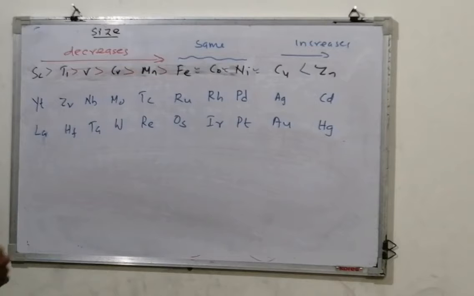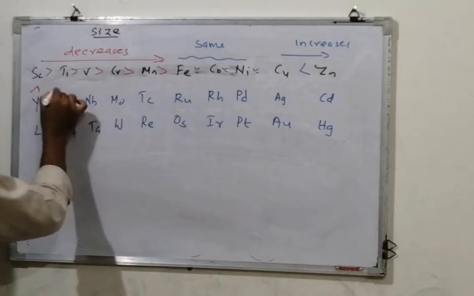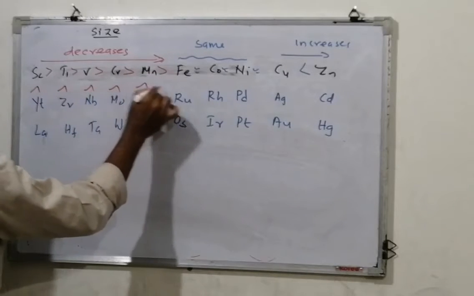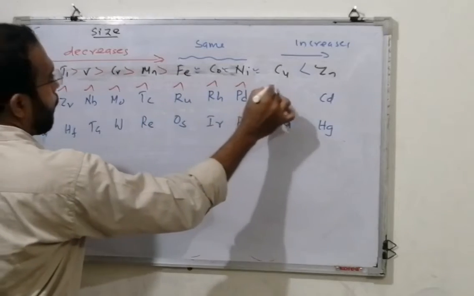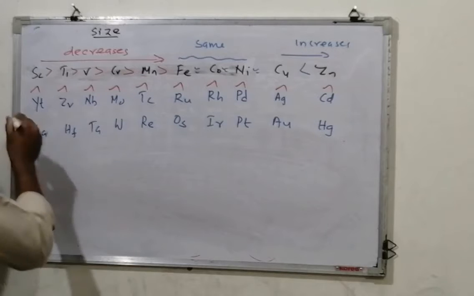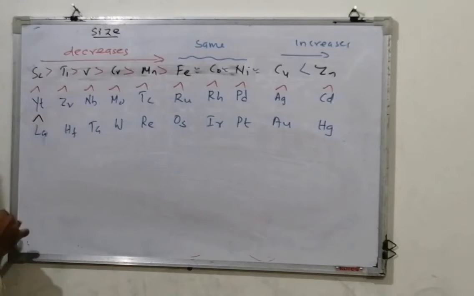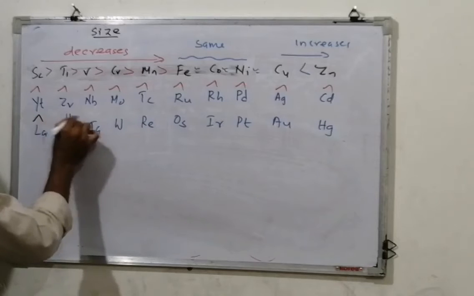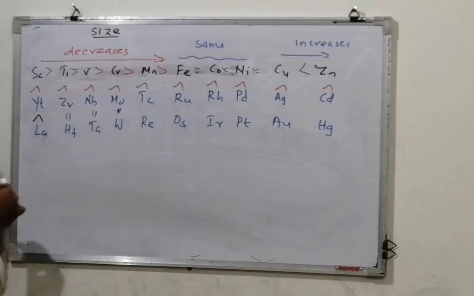Now when you come here, it increases, but when you come here, it is equal. You know why? Here we have the lanthanides.